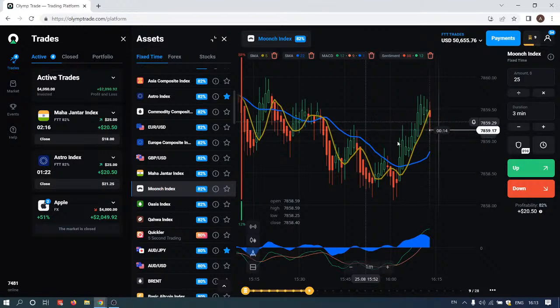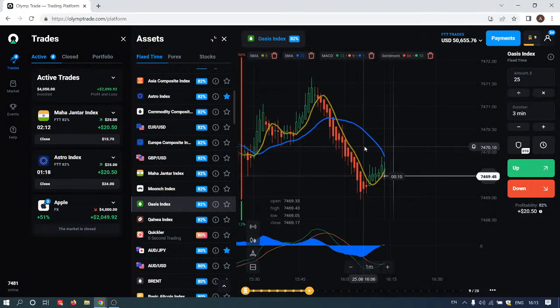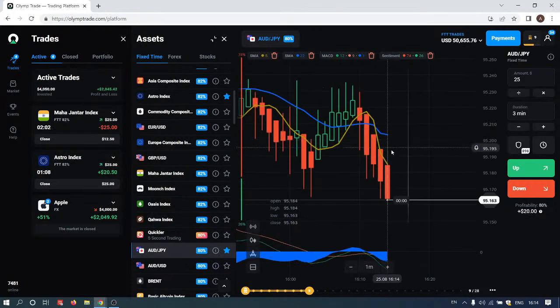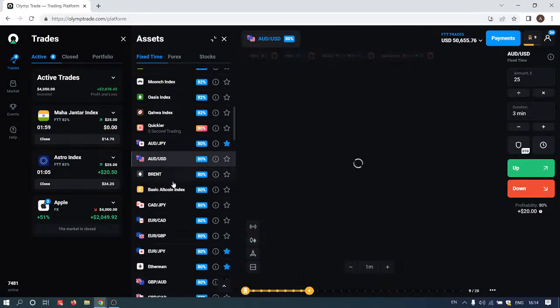First of all, you need to know which strategy and which indicators you want to be using. Next, you want to master your money management and risk management skills. You always want to know how much money you want to put in each trade, and last but not least, you want to master your trading psychology.